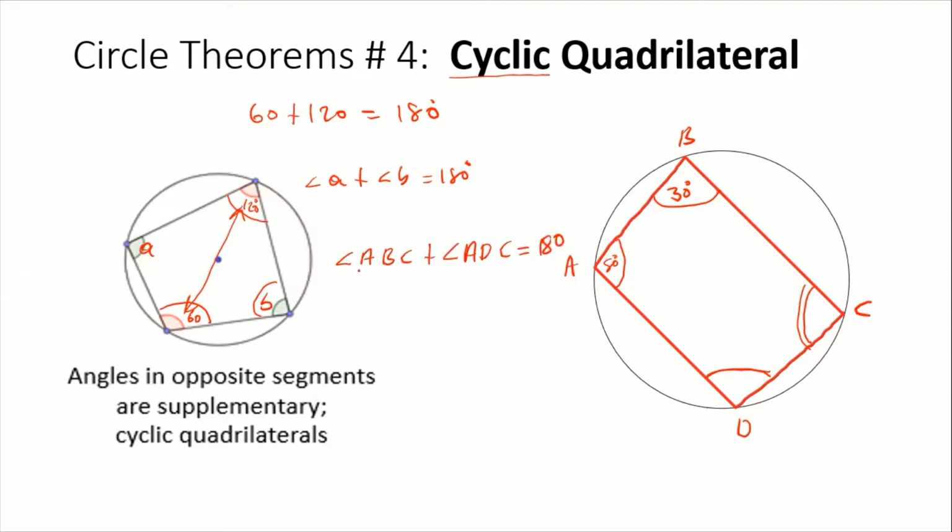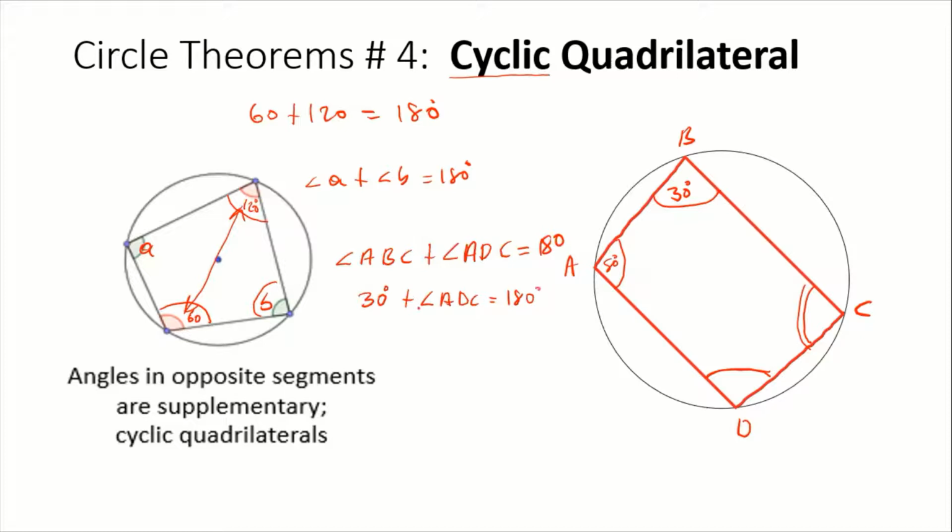So what do you know about angle BAC? We know that value. That value is 30. So it would be 30 degrees plus angle ADC is equal to 180 degrees.